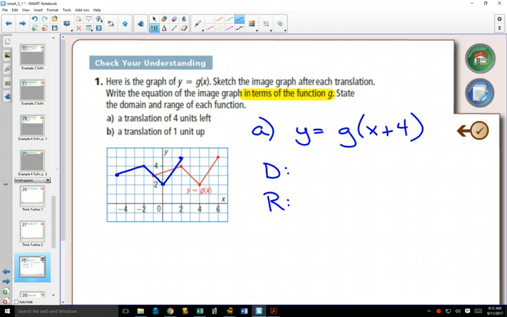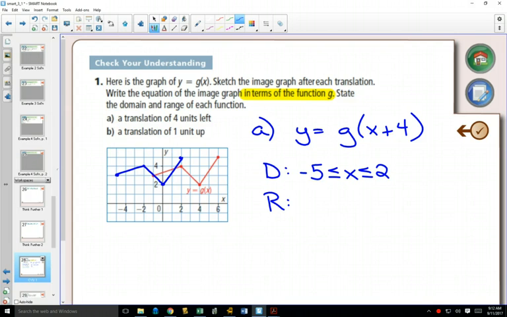So how do we write that down? In set notation, if x is between two numbers, we write it like that. X is between -5 and 2, so the domain is -5 is less than or equal to x is less than or equal to 2.